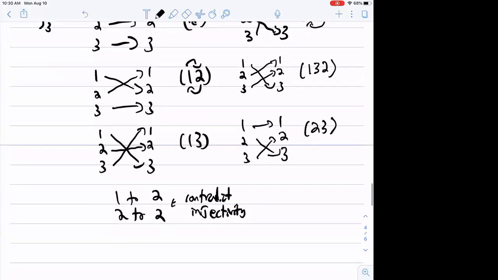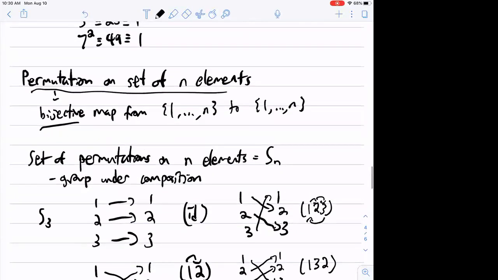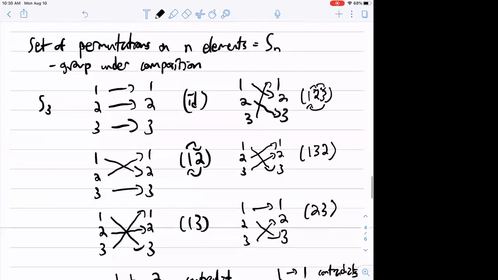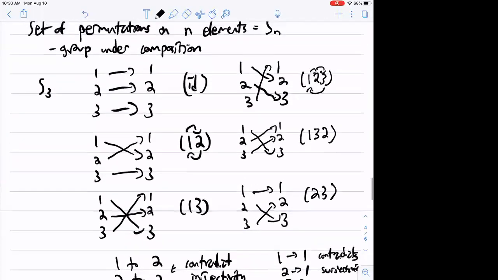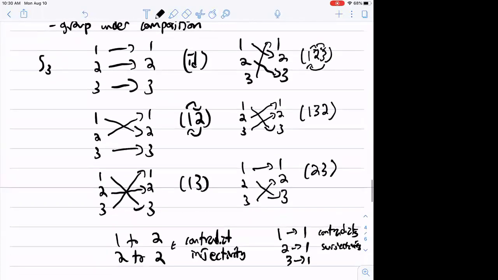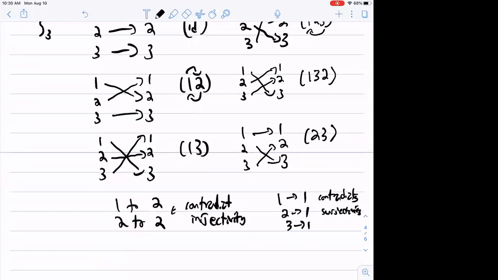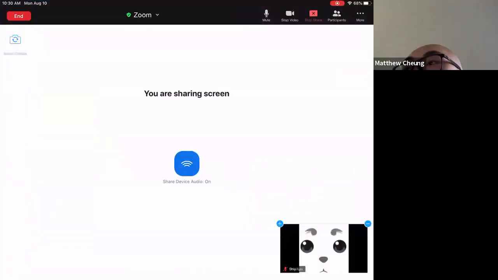Similarly, you can't map everything to 1, because it contradicts surjectivity. Surjectivity means you have to hit every element in your range. So it won't be a permutation. So these are all of it, for S3 at least. Everyone good so far?